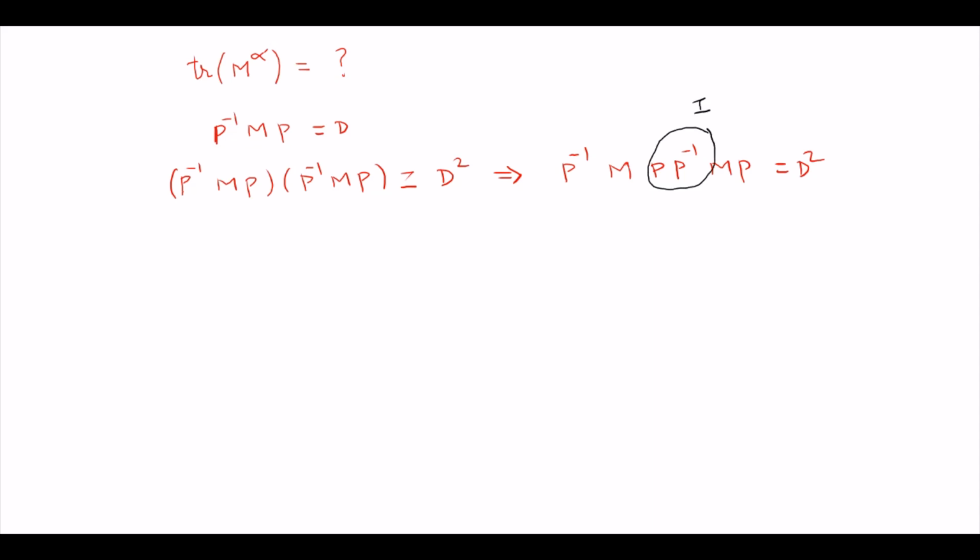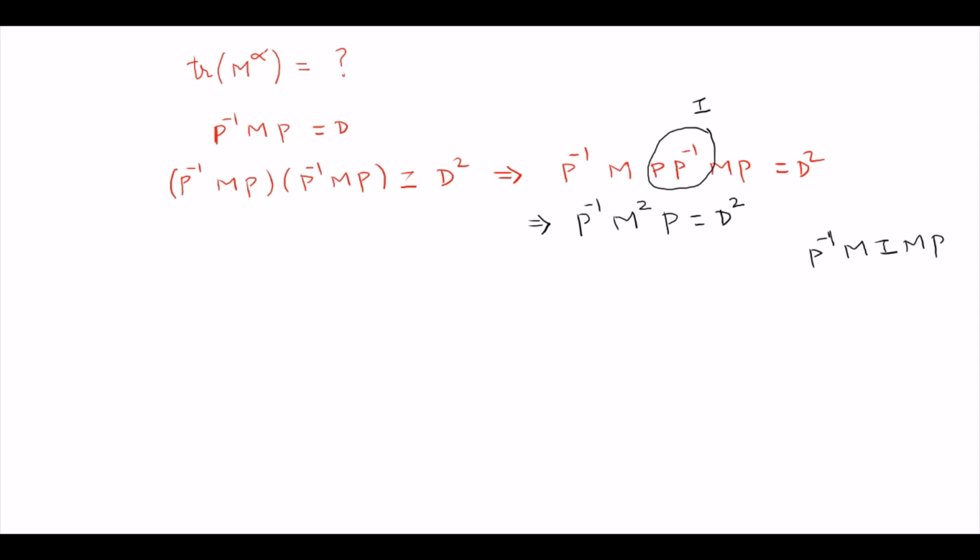So the above equation can be written as P inverse M I M P, and that is D square. So what I get is P inverse M I M P, correct?